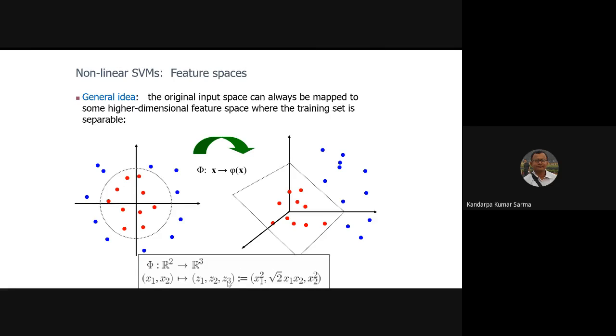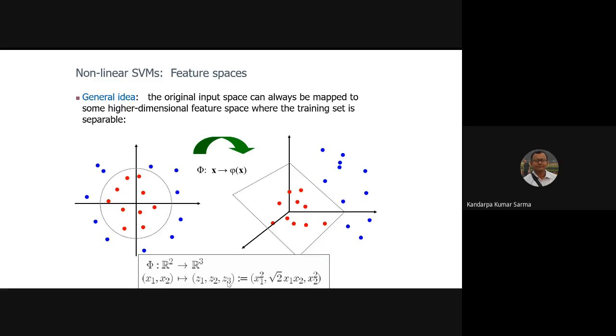Then we also have nonlinear support vector classification used in feature spaces. There shall be a transformation, since in many cases the data may not be linearly separable. Then we need to think about non-linearly separable cases.